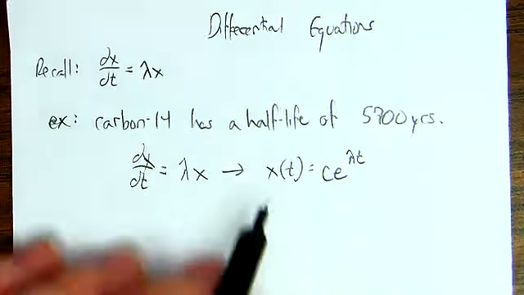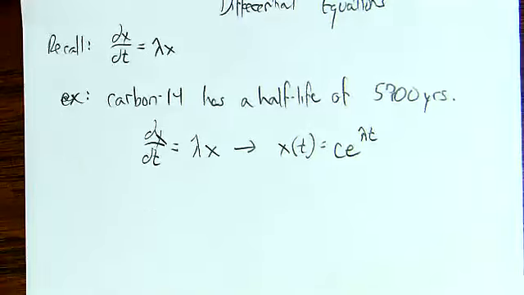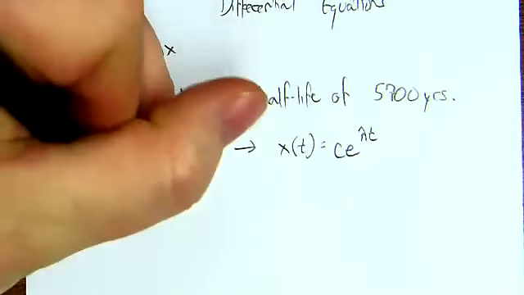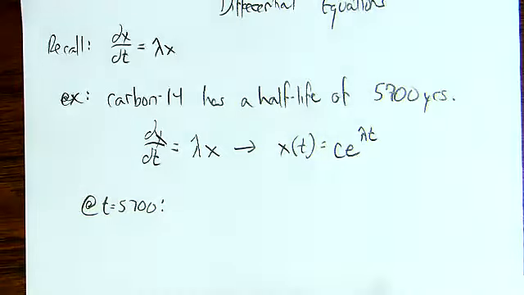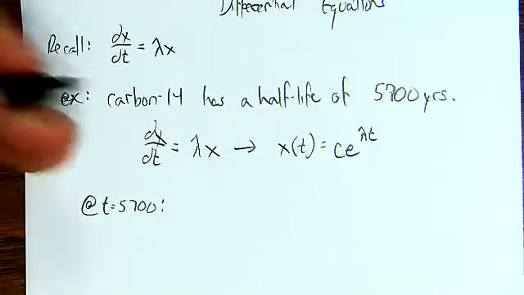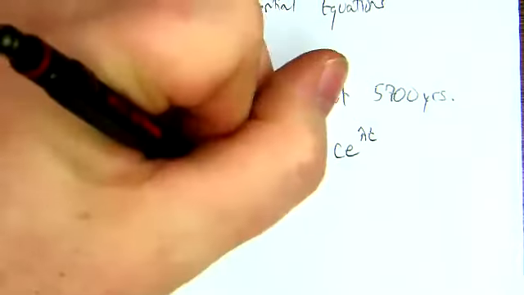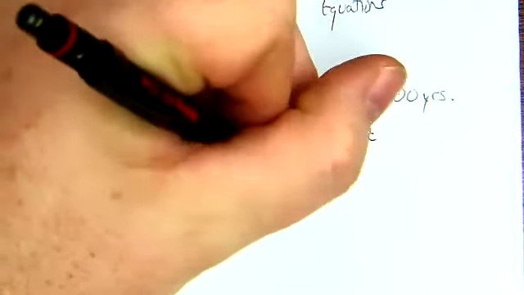Now, given the information that it has a half-life of 5,700 years, at t equals 5,700, this means whatever we start with, our c value, we're going to have half of that left. So 1/2 c is equal to c e to the lambda times 5,700.